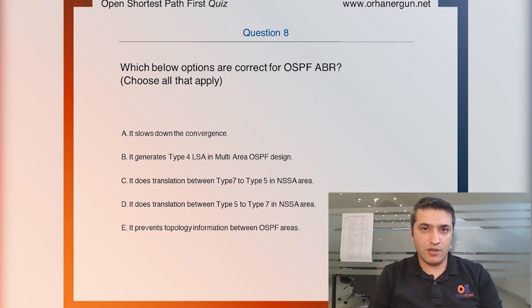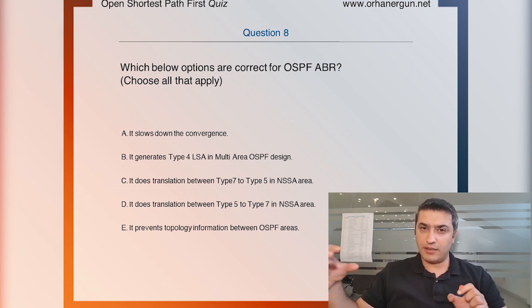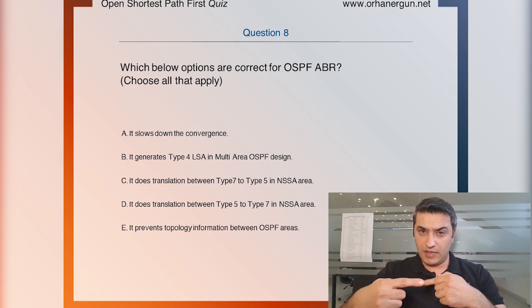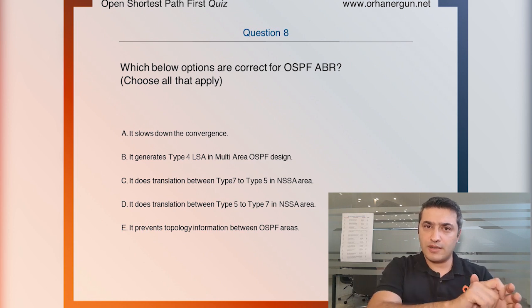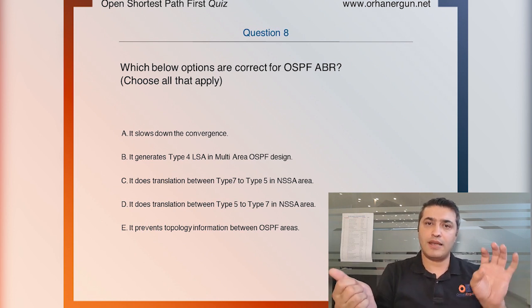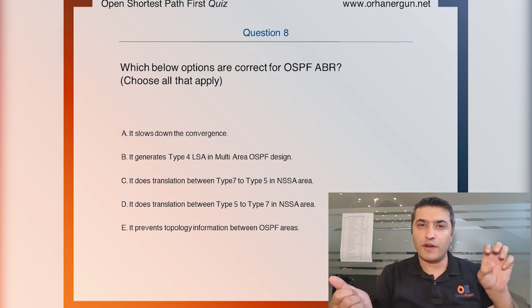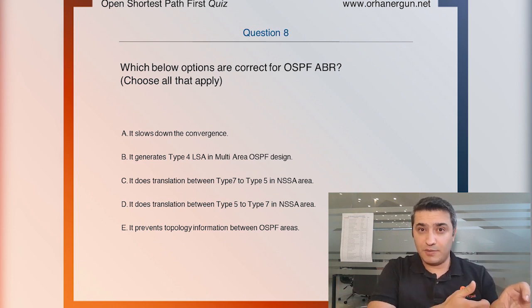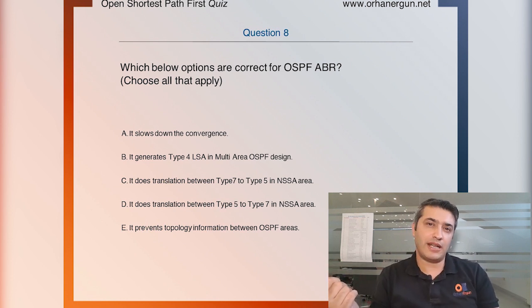Imagine if you had just a single area, backbone area design. Now you have an ABR, you have backbone and non-backbone areas. The ABR's job is converting some LSAs into another LSA, like type 1 and type 2 of area 0. They will not be sent as type 1 and type 2 now, but they will be summarized into type 3 and sent to the non-backbone area.